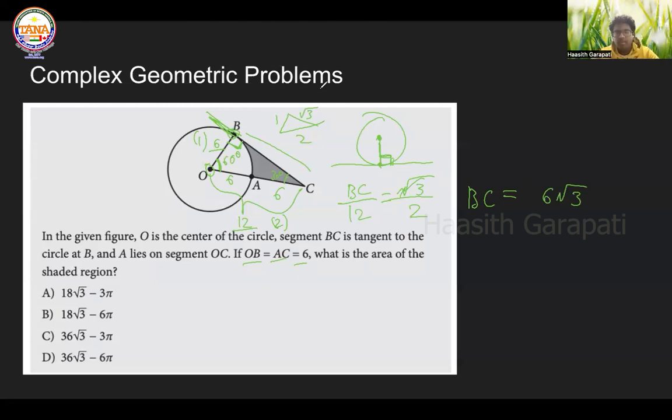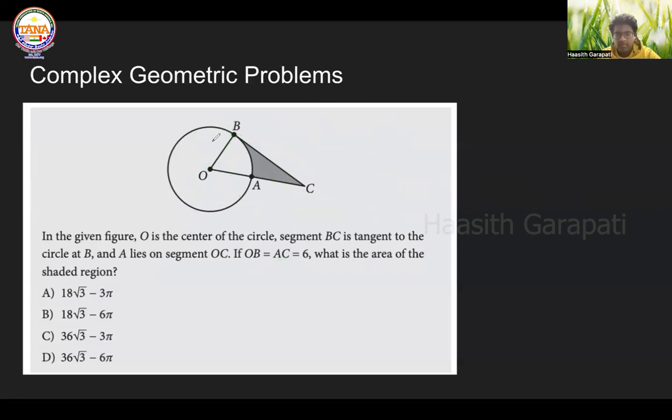And then next, they ask, what is the area of the shaded region? Okay, so how do we find the area of the shaded region? Well, if we clear everything just for a second, and we keep the important bits of information, the important bits is that this is a radius of 6, or a side length of 6, and this is 6 root 3 over here.